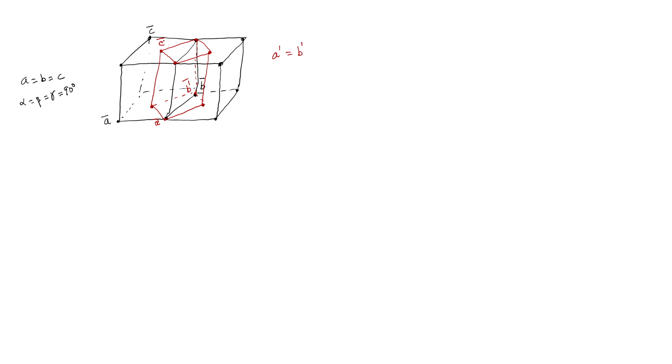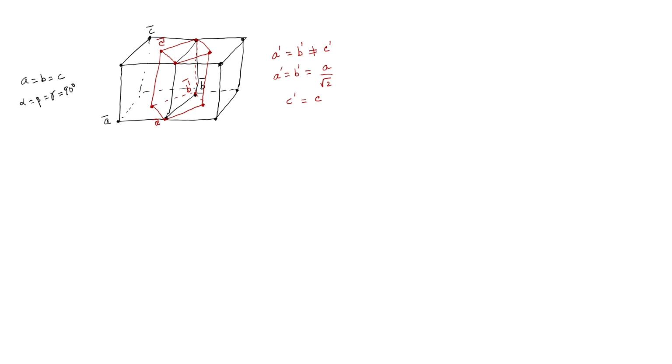However, C prime is not equal to A prime. In fact, if I want to put these vectors in terms of the parameters of the larger cubic cell, then A prime equals B prime equals half the face diagonal, and the length of the face diagonal will be A, so A prime is A upon root 2, while C prime would be equal to C, the dimension for the cubic cell.